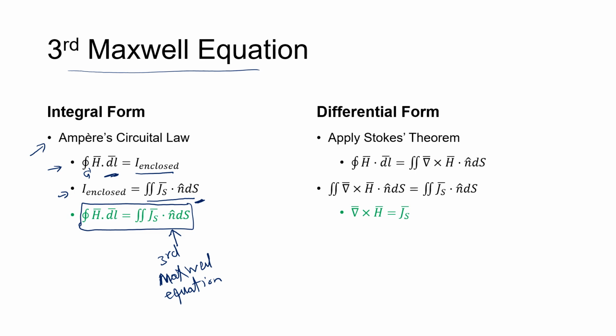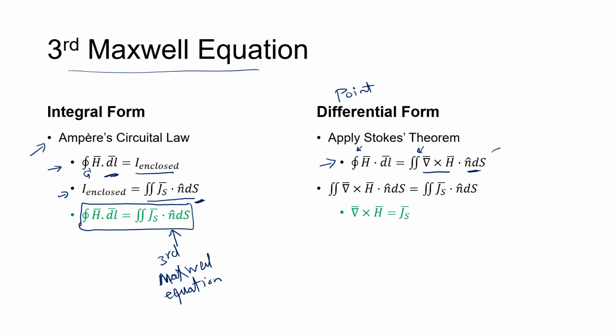Now we move to the other form, which is the differential form, or what's called the point form. This is possible by applying Stokes theorem, which we just recapped. You start with the integration over the closed path of H dot dl. If you take curl of H, you can convert the single integral to a double integral, a surface integral.